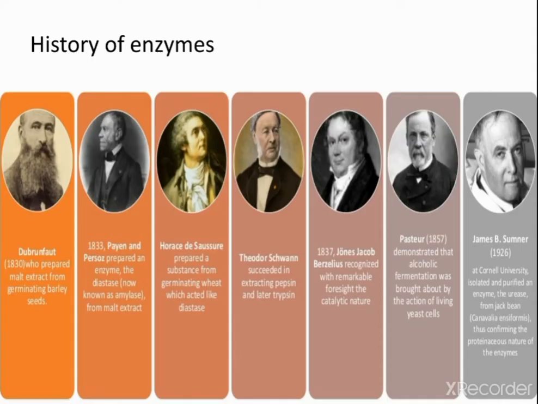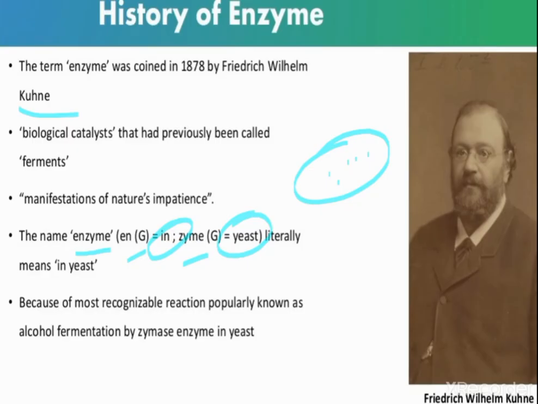These are some of the major contributors in the field of enzymology. We have Dubrunfaut, who prepared malt extraction. Payen prepared an enzyme, diastase. We also have the contribution of Schwann.